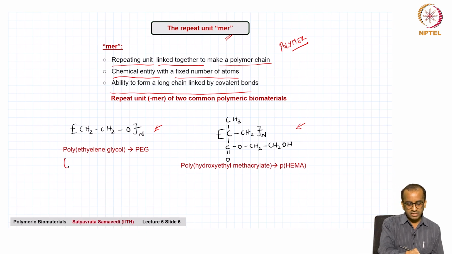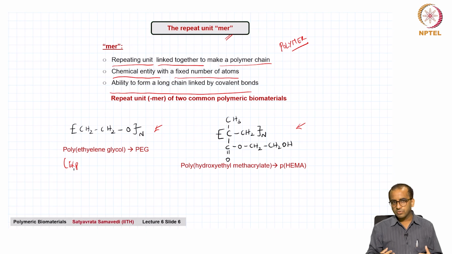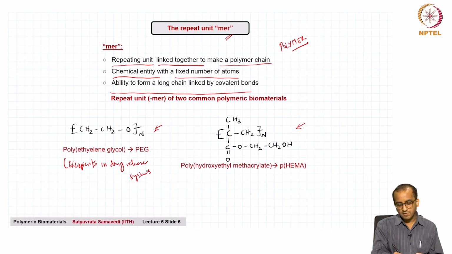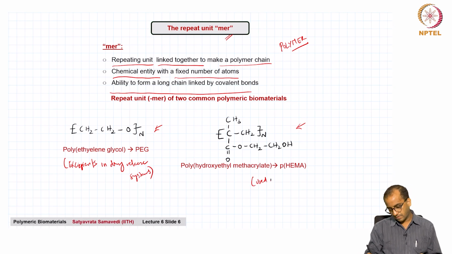Now, polyethylene glycol, as we have already seen, can be used as non-fouling coatings on surfaces. It can also be used as excipients in drug release systems. Whereas polyHEMA is used in contact lenses.